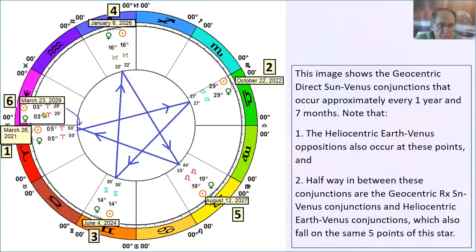Now I'm at a half hour. I'm going to make a second video in this series. I'm going to pick up with this slide to show you the really, I think, very cool part of this: the polarized yin-yang thing going on here, that in half of the Sun-Venus conjunctions Venus is direct, half they're retrograde, and how they overlap and interact.